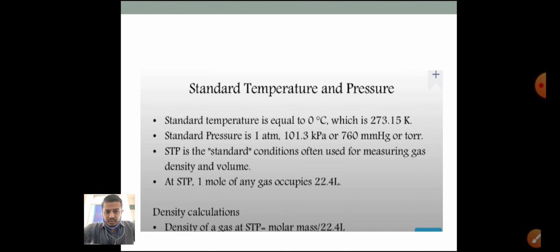We know the equation of density: mass divided by volume. So here, it is molar mass divided by the volume at STP, which is 22.4 liter.